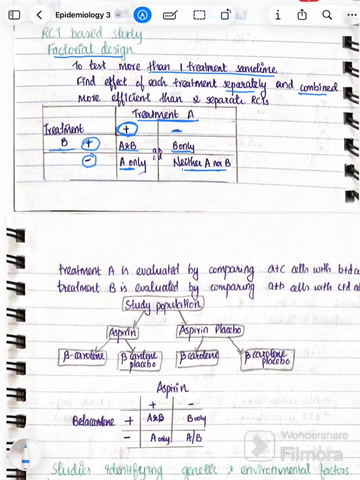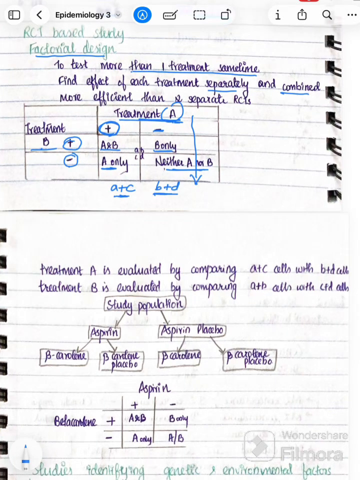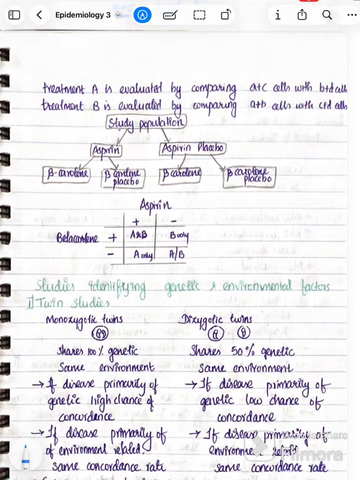A nor B. If we want to evaluate treatment A, we have to compare the A plus C cells with the B plus D cells. If we want to evaluate treatment B, we have to compare the A plus B cells with the C plus D cells. That is this way. For example, study population.